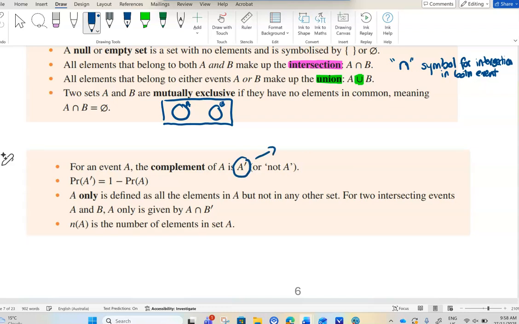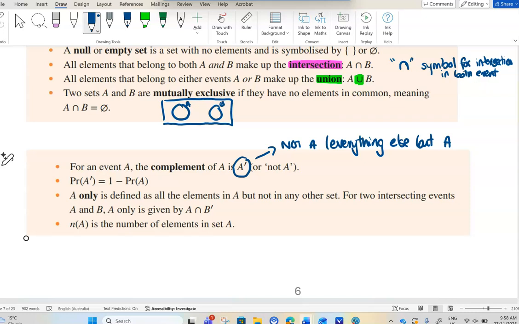This means not A, so everything else but A. For my example above, everything that's not A would be all the odd numbers, so 1, 3, and 5.